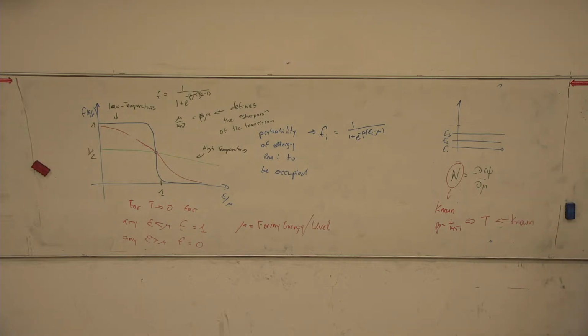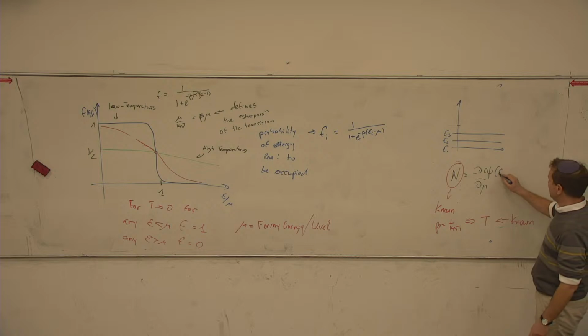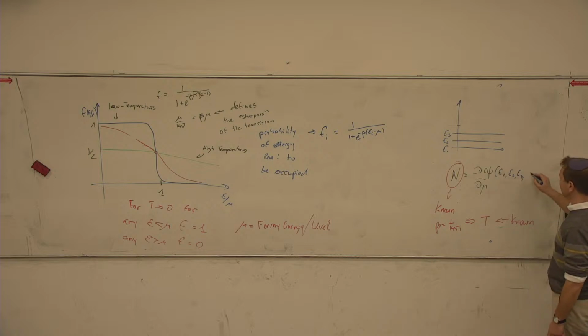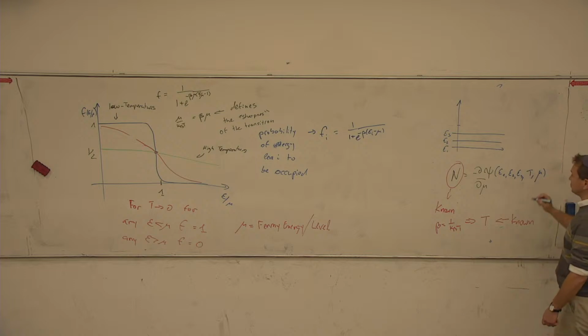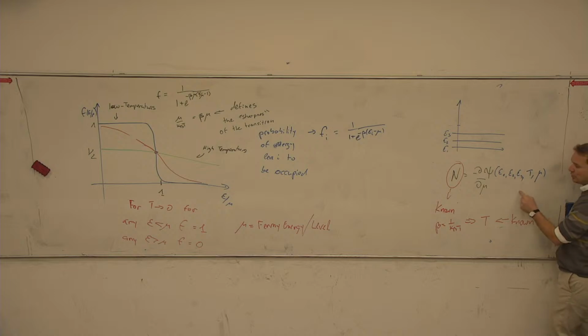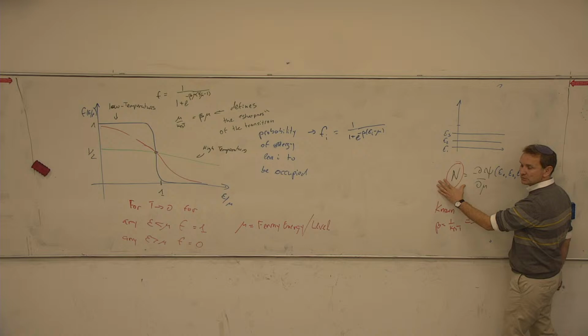So psi is a function of energies, it is a function of beta, or temperature, and it's a function of the chemical potential. In reality, we usually have to know epsilon 1, epsilon 2, epsilon 3. We control the temperature, we somehow control the chemical potential of the system, or we set it up, and out of this we can obtain everything else, like the number of particles, or the average energy of the system.